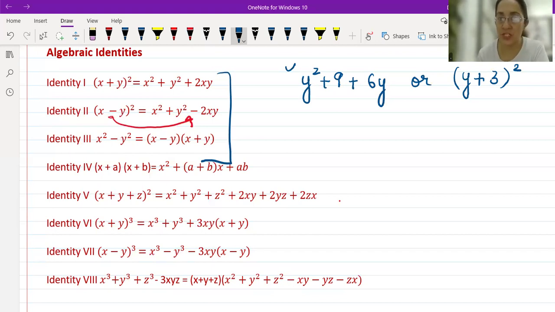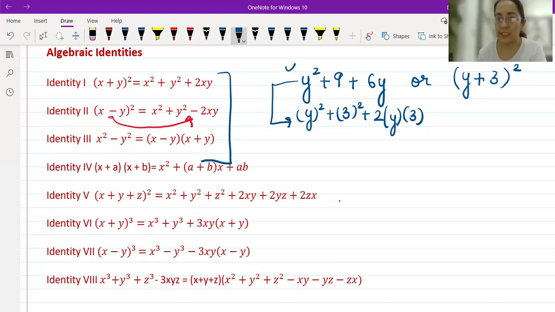If you see this question very carefully, it is y whole square plus 3 whole square plus 2 into x y. What is my x here? My x is the first term, which is y, and the next term is 3. So it is written as y square plus 3 square, which is 9, plus 2xy. My x is y here and my y is 3 here.